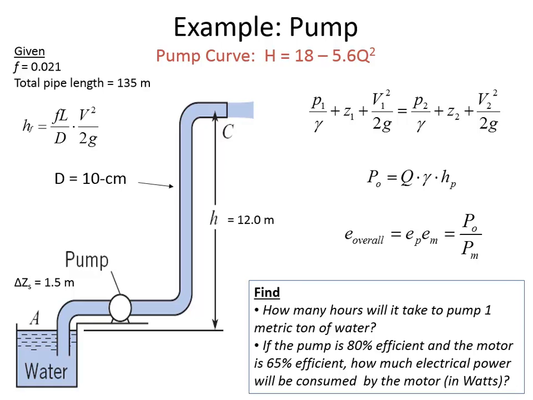Okay, so we have the area of 0.00785 squared times g, 9.81, times 2, 12 meters plus 0.00121 Q squared plus another 0.00121 Q squared plus, now this term, 0.021, 135 meters, 0.1 is the diameter, 2 times 9.81.